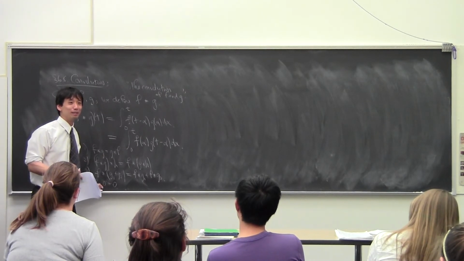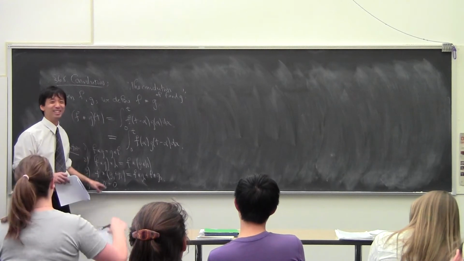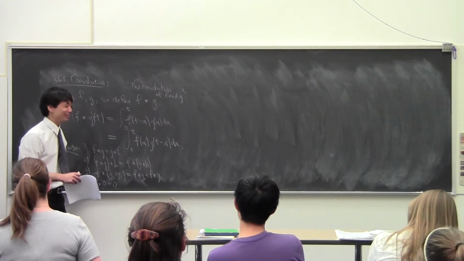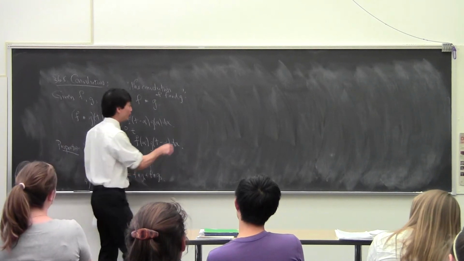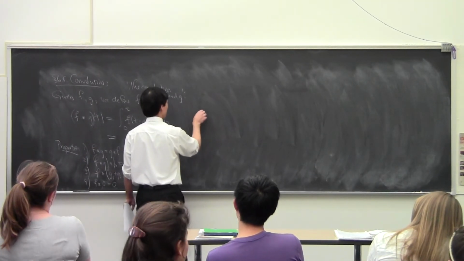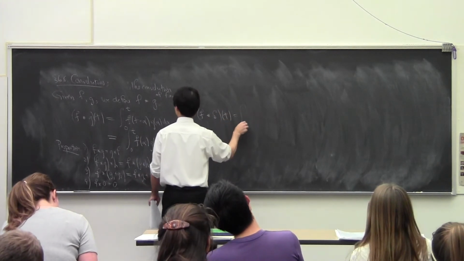Is it the Dirac delta function? It's the Dirac delta, right? Because look what happens. If you convolve with the Dirac delta function, if it existed, what is it going to do for you?